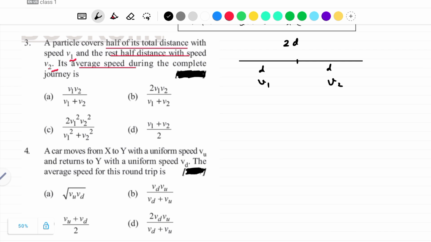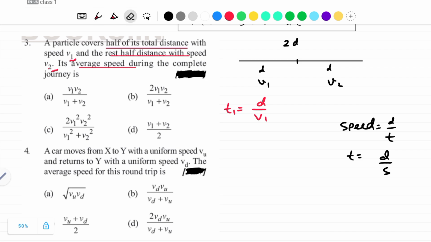Now we know that speed is distance over time, so time will be distance over speed. In the first part, the distance is d and the speed is v1, so the time will be d over v1.